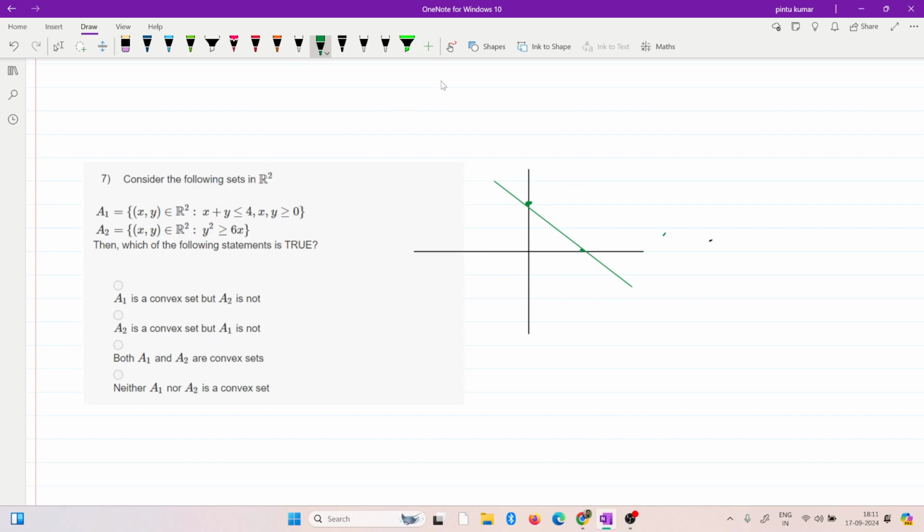And since x plus y is less than or equal to 4, the region would be anything on the left of this line. This is the equation of a half plane. If I take any 2 points on this side and draw a line, it will always remain on this side of the line. So this A1 set is a convex set.